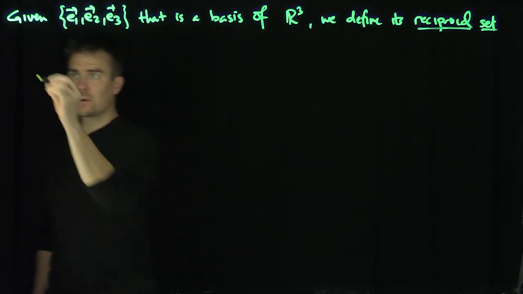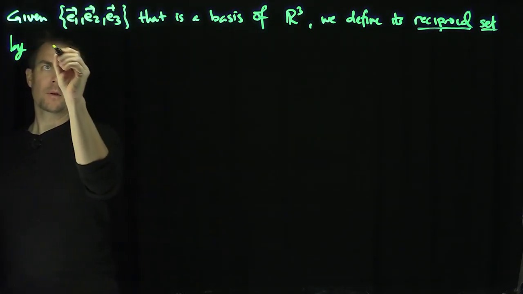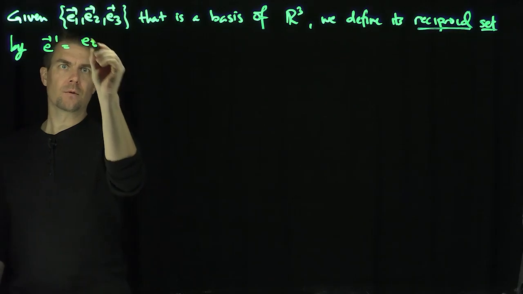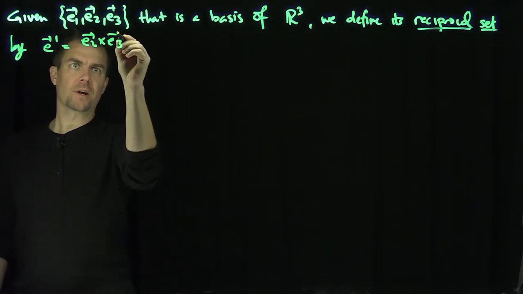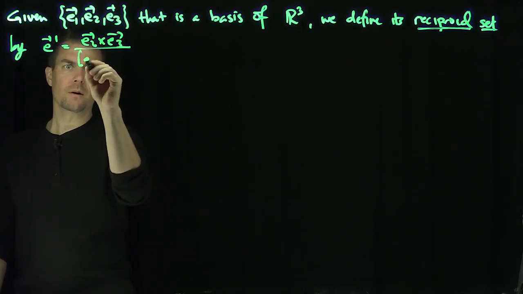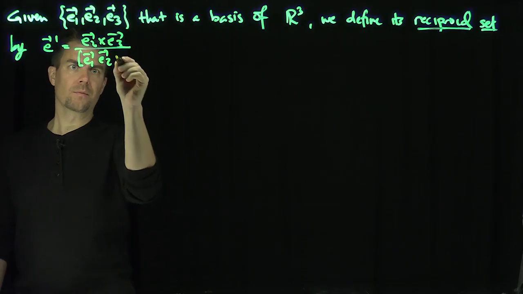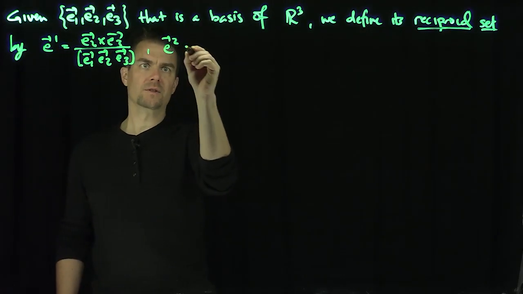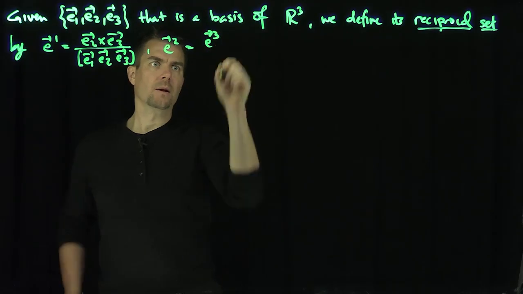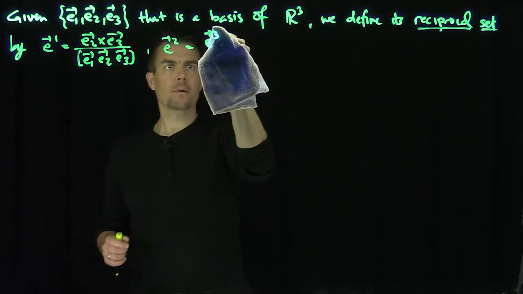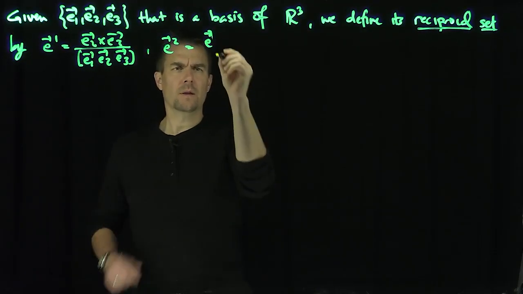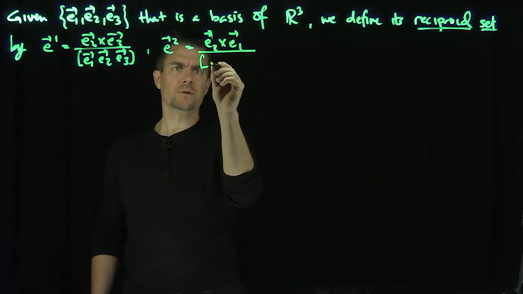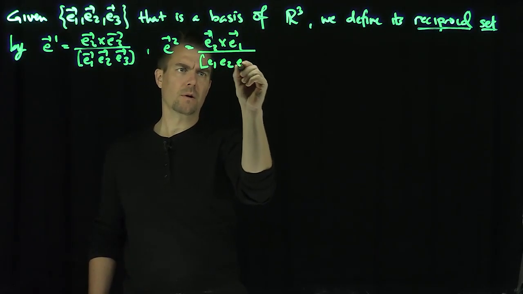by the upper notation. E1 upper is E2 cross E3 over the determinant of E1, E2, E3. We define E2 upper symmetrically by E3 lower cross E1 lower over all the lowers, E1 lower, E2 lower, E3 lower.